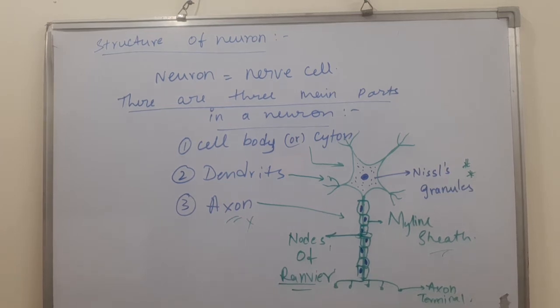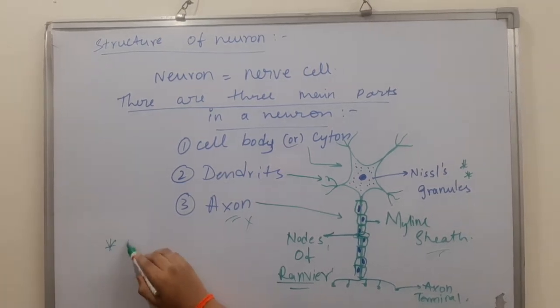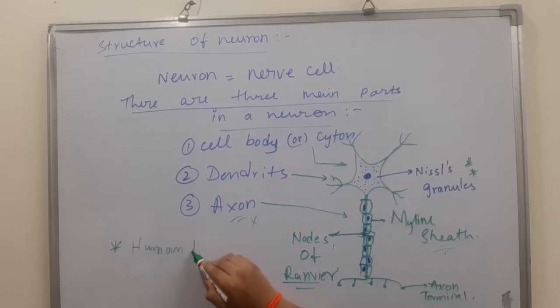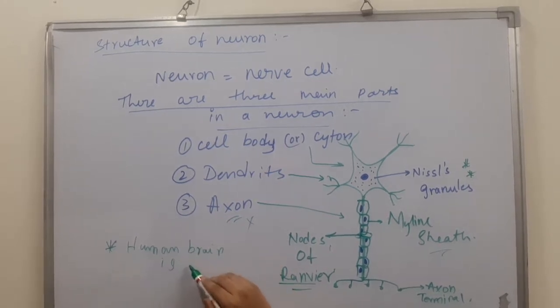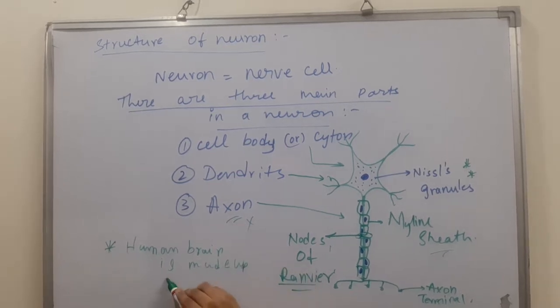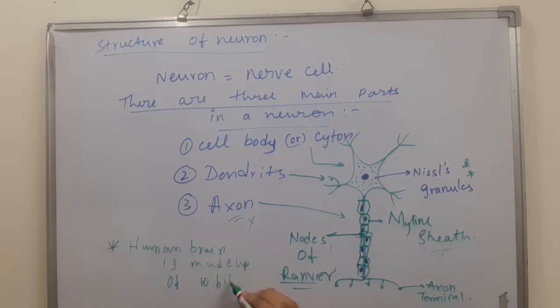And there is a small interesting point which I will be writing here. This is a very interesting point. You don't need to remember this, but it is just out of my interest I am telling you. Human brain is made up of 10 billion neurons.